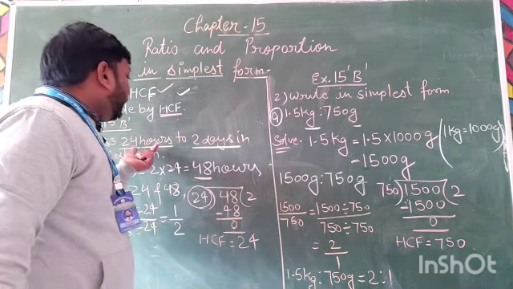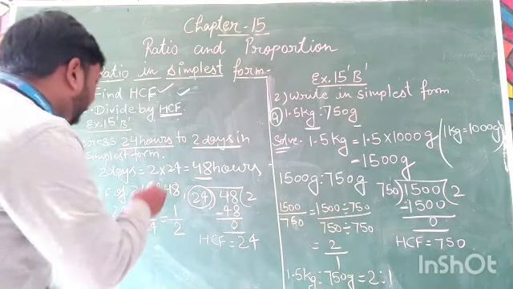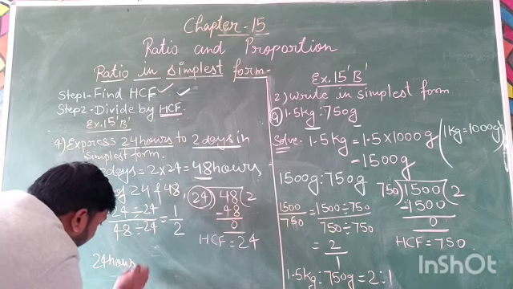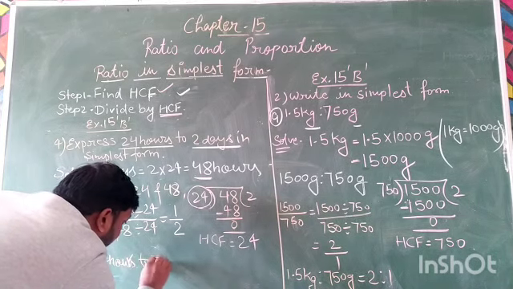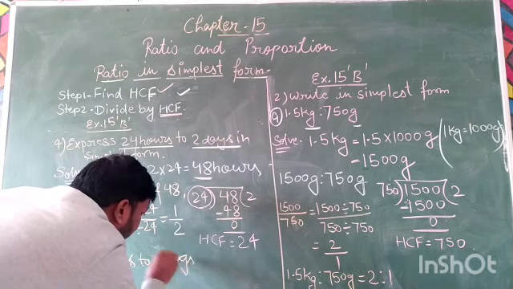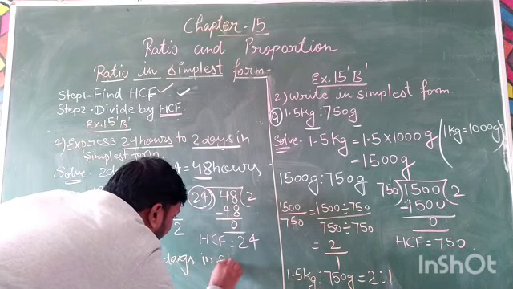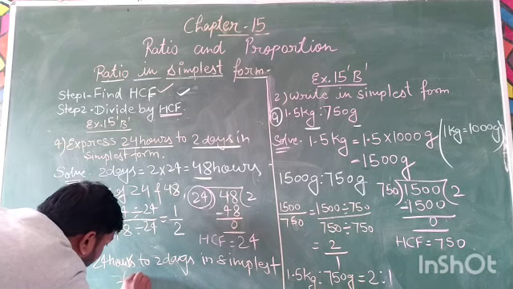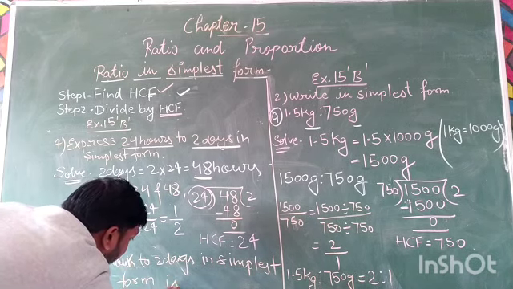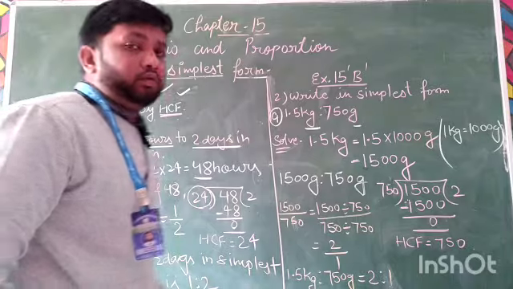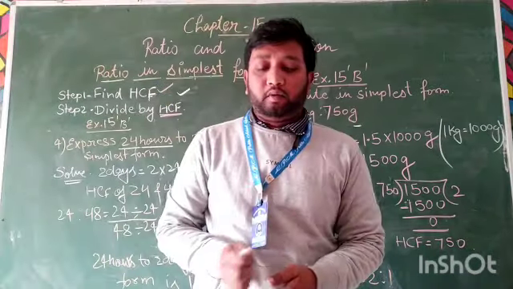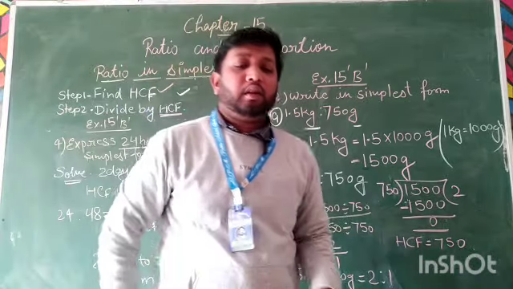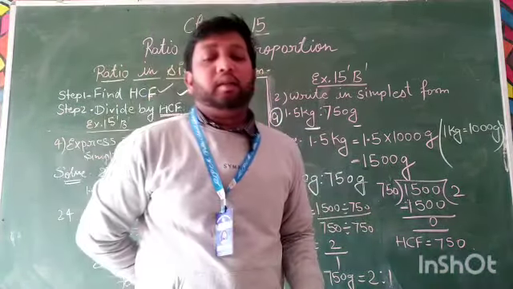So 24 hours to 2 days in its simplest form is 1:2.